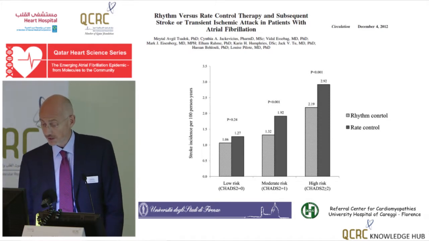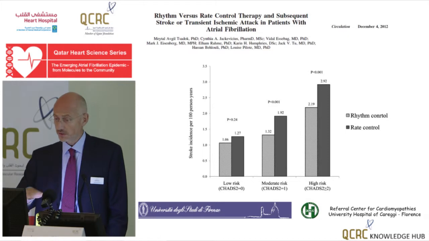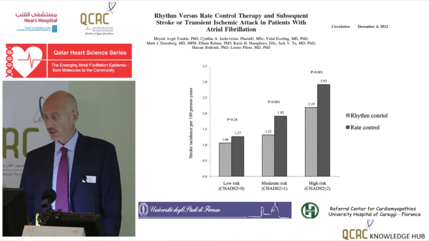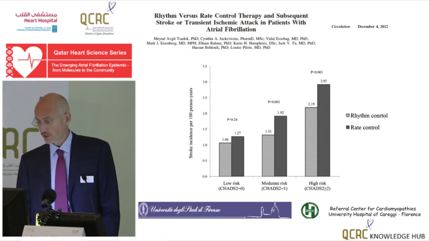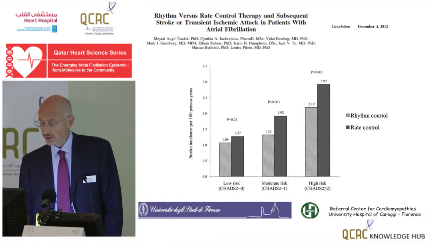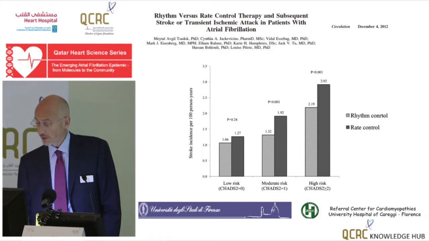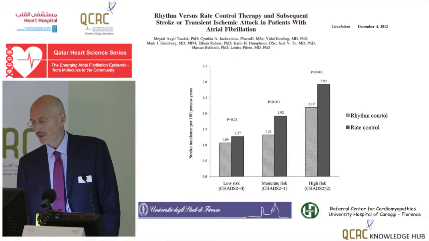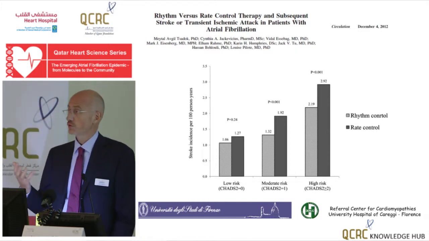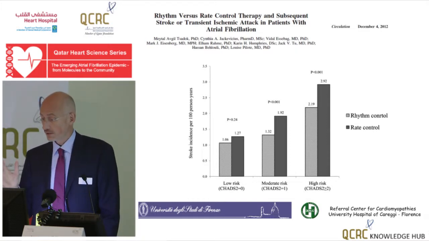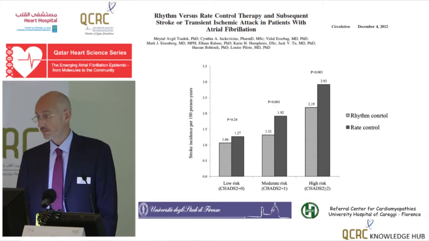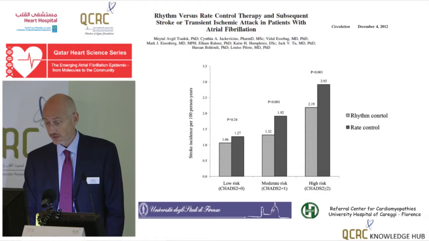For example, this is a meta-analysis, and this is not HCM, it is just a huge meta-analysis on atrial fibrillation patients. But what you see here is that the higher the embolic risk, the higher the benefits of rhythm control, so the lower the event rate, of course, in rhythm control. So it appears to be more beneficial to aim for maintenance of sinus rhythm in higher embolic risk patients, and HCM patients are definitely high risk patients.